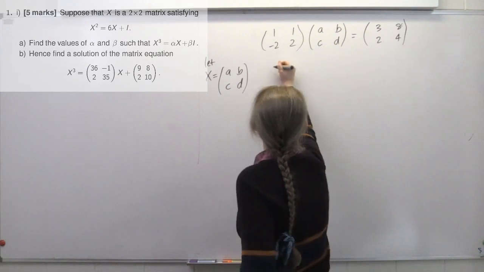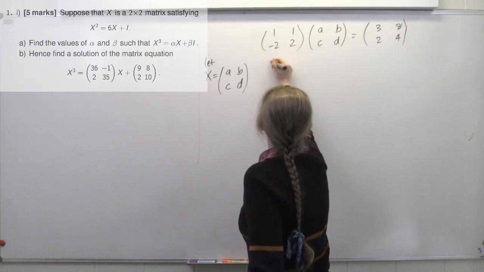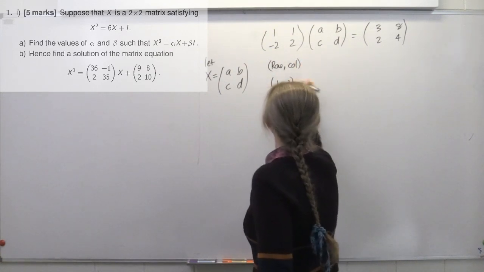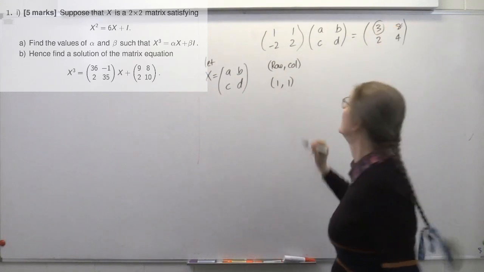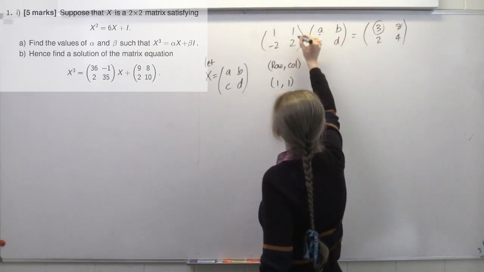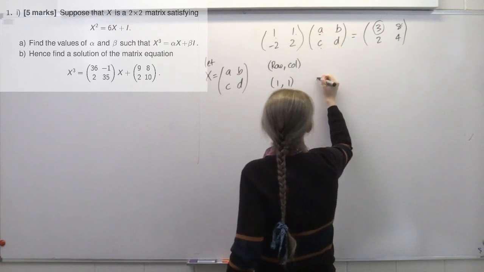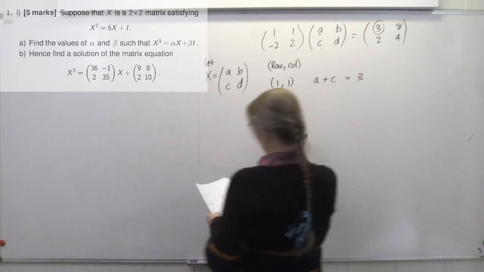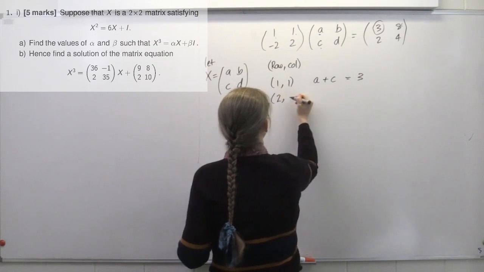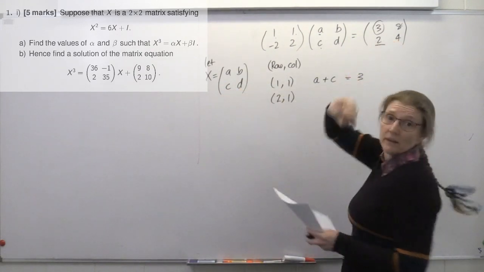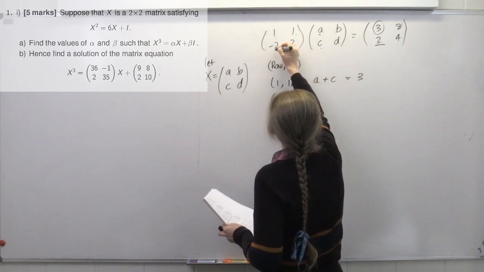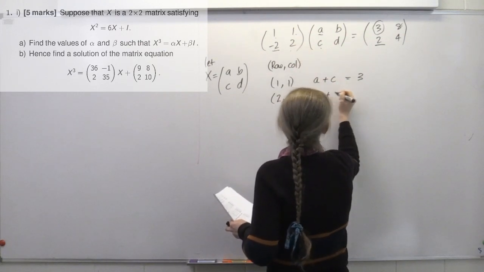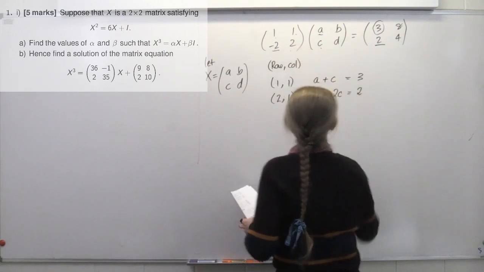So if we go row and column, and the value for 1, 1, that's this position here, we have 1 times A plus 1 times C. A plus C is equal to 3. Okay? For the second row, first column, that's this one, we've got second row, minus 2 times A plus 2 times C is equal to 2.